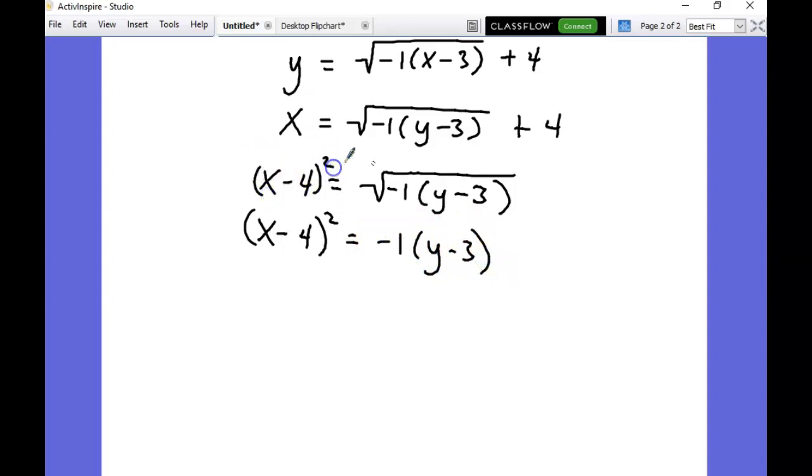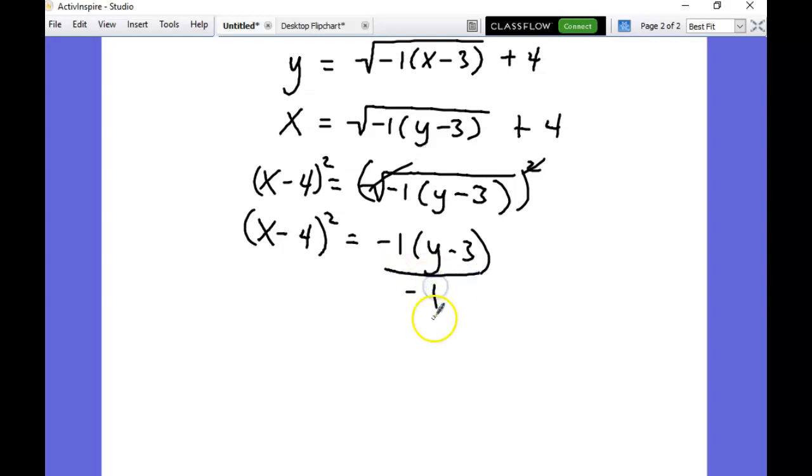When you do that, on the right side, these cancel, right? I think the -1 here might have thrown some of you guys a little bit. So, what would you have us do next? Not sure? Okay. What would you have us do next?